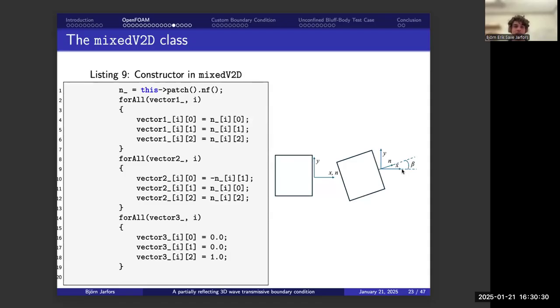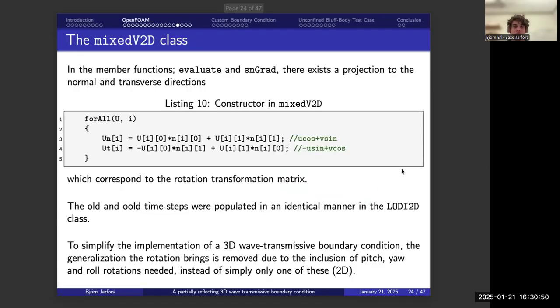To simplify the implementation of a 3D, since this is basically a rotation matrix, and in 2D the rotation matrix is just around one axis, but in 3D it would be around three axes, I simplified this and removed it when I performed this.